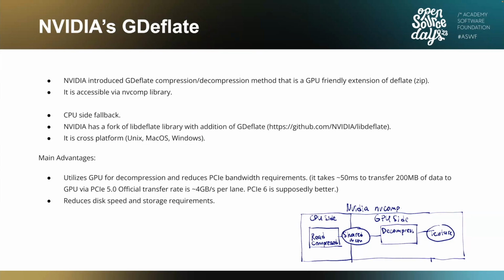It's based on Deflate, which is used in zip and PNGs and in many other places, with an achievable compression ratio of 1:2. You essentially improve the PCIe bandwidth cost from 200 megabytes per frame to 100 megabytes per frame. Of course, it also reduces the disk speed requirements and the disk space requirements by half.